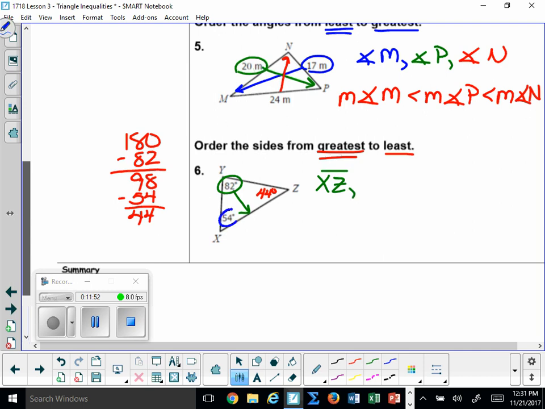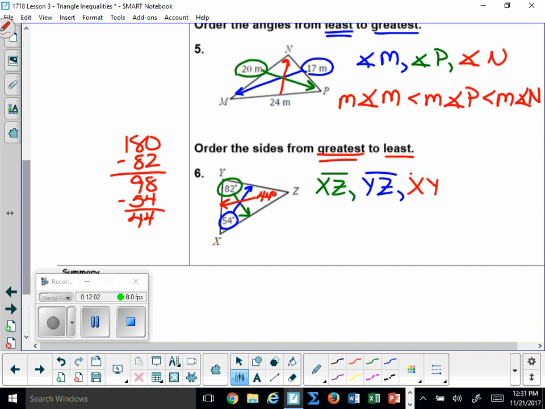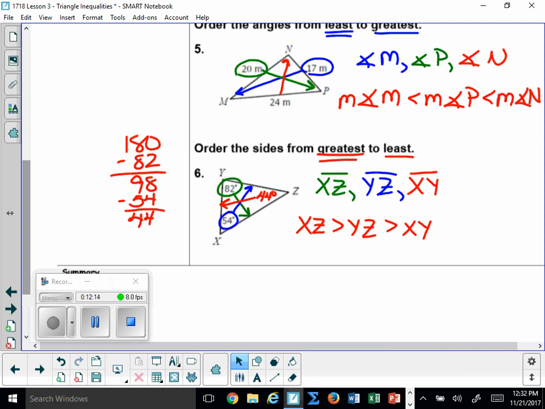Next, 54 goes straight across, YZ. And my smallest angle is 44, come across XY. So XZ greater than YZ greater than XY. Remember, when you're talking about segment lengths, you do not put the bars above the segments.